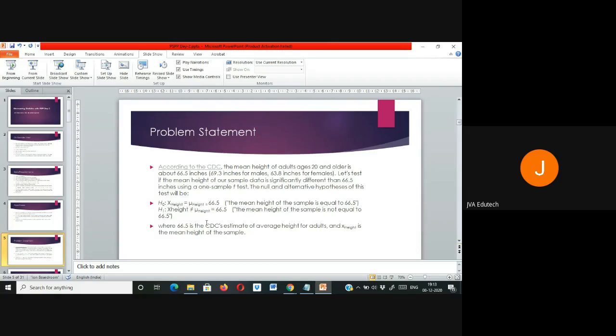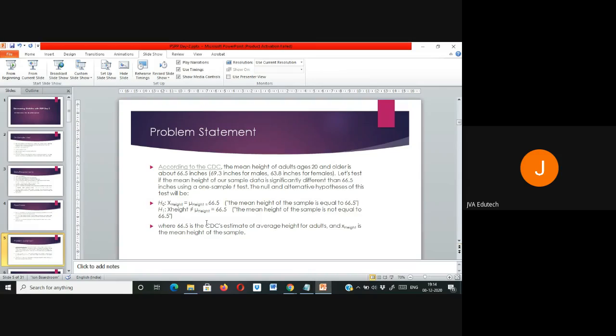Now we have a problem statement and we'll solve it through our data set. This data has been taken from the Center for Disease Control. I have already shared this data with you, and I hope you have this data set. Along with the data set, I have also given a PDF file of the data code book so that you understand what this data set is about.